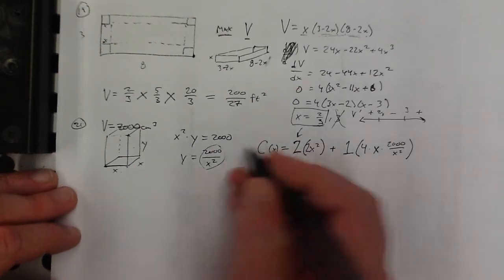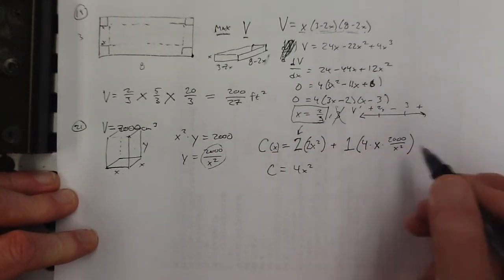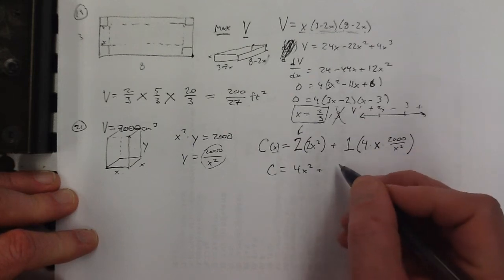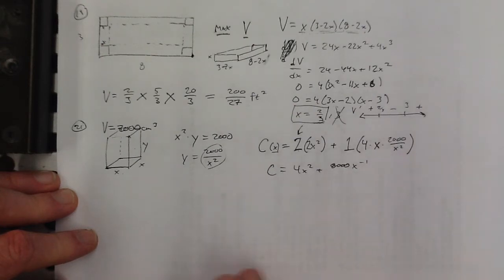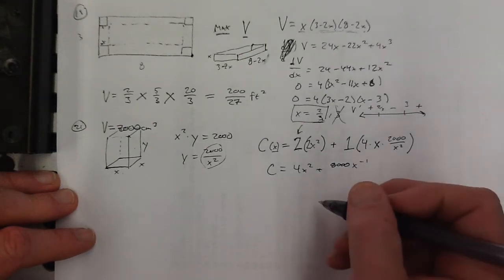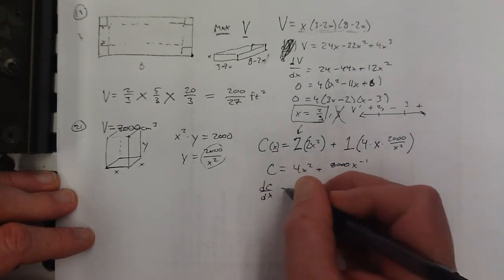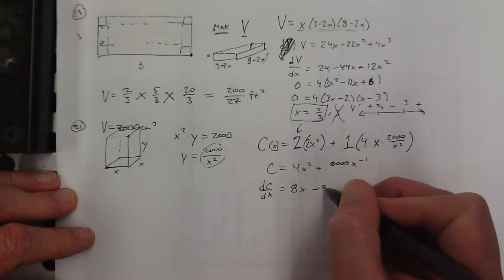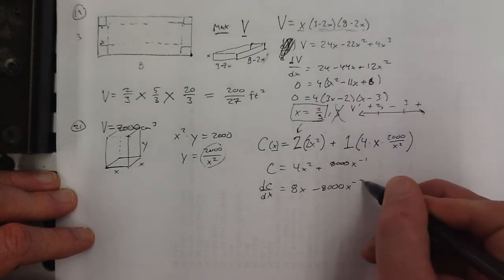All right, let's simplify that before taking a derivative. 4 times 2,000 is 8,000, and one of the x's cancels out. I'll write that as x to the negative 1. Okay, so what's dC/dx? It's going to be 8x minus 8,000 x to the negative 2.